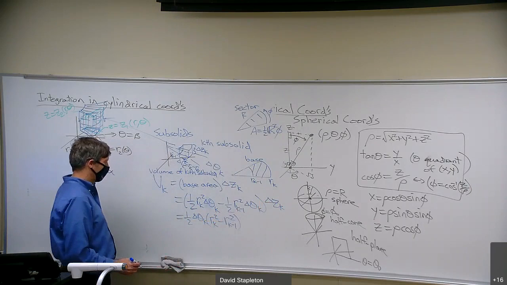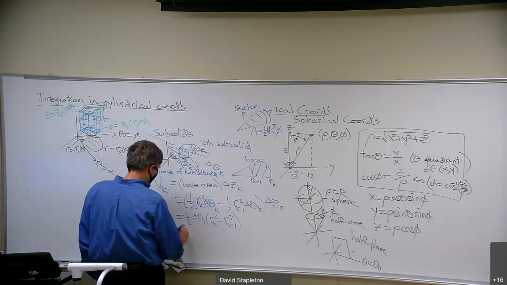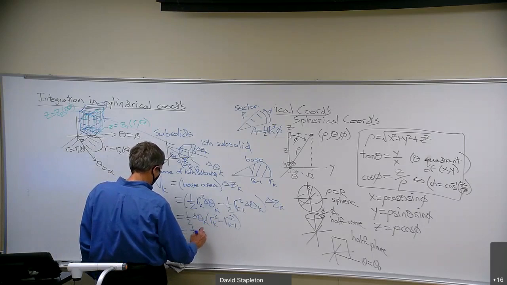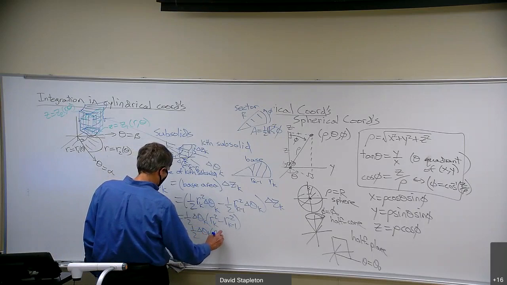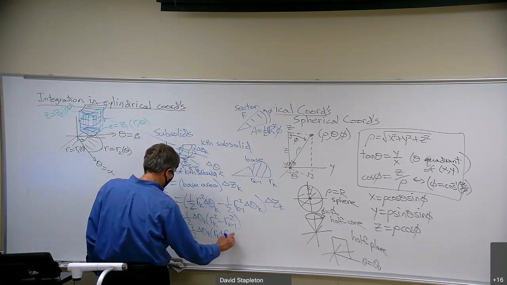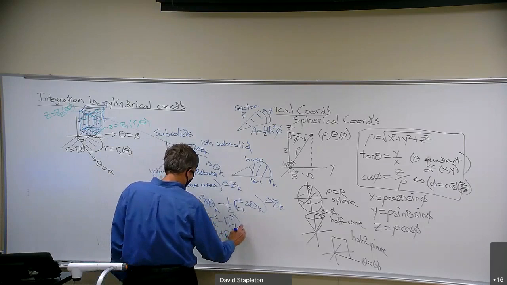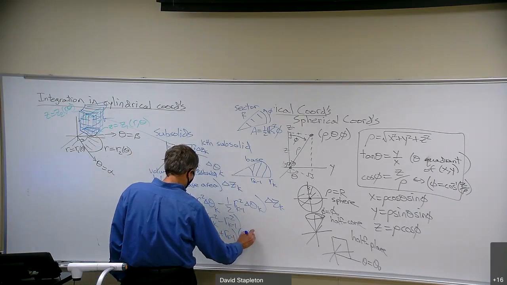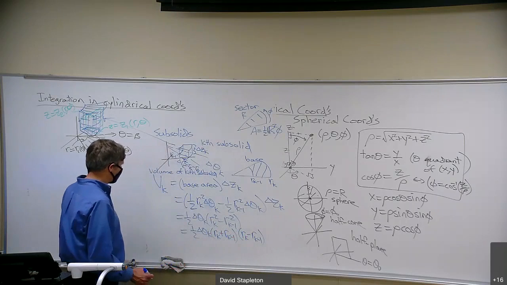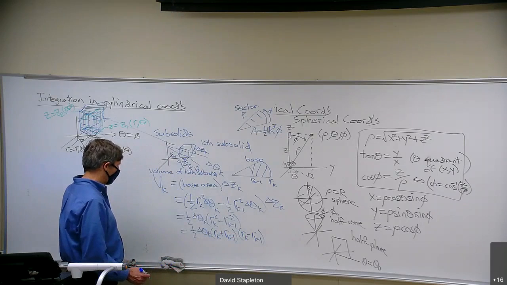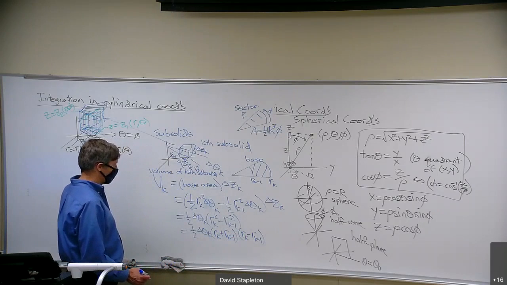And then this one factors as 1/2 delta theta k times rk plus rk minus 1 times rk minus rk minus 1, right? That's the volume of the kth subsolid.